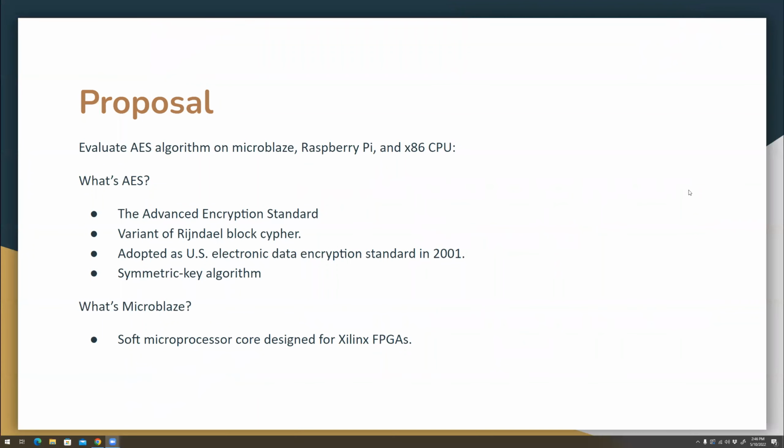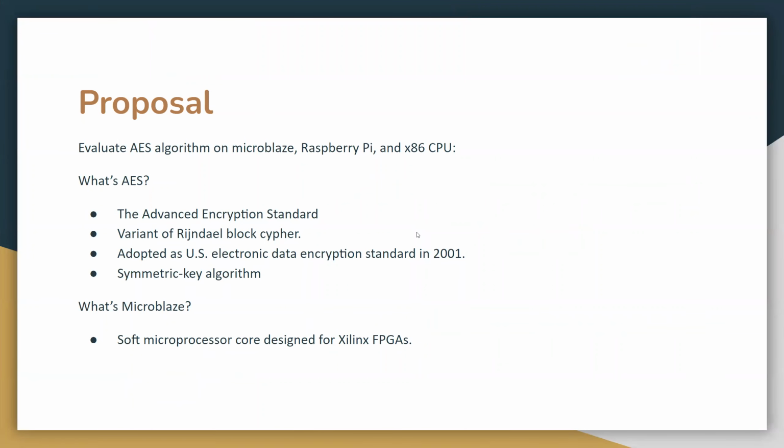The proposal for this project is going to be an evaluation of the AES algorithm on the MicroBlaze device, a Raspberry Pi, and 3 x86 personal laptop or desktop computing devices. We're going to be looking at what AES is, which is the Advanced Encryption Standard, and the type of cipher it is.